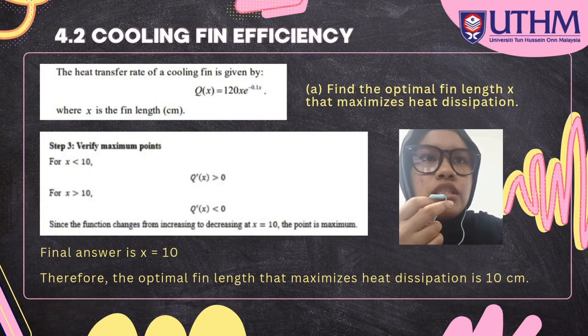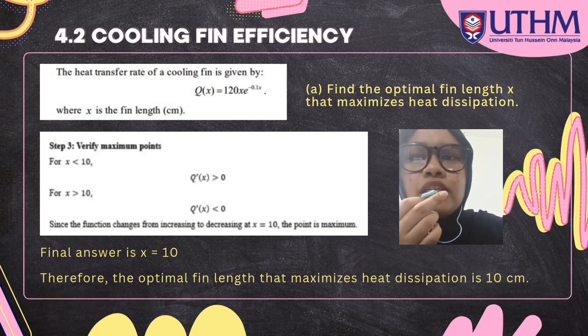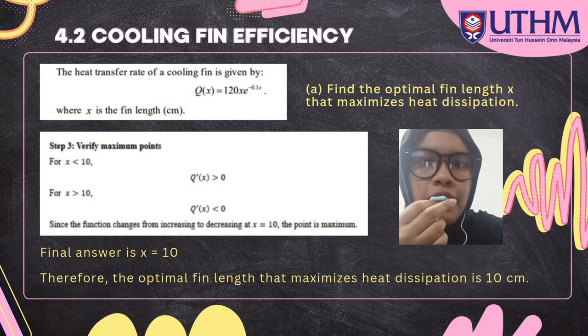Since the function changes from increasing to decreasing at x equals 10, the point is a maximum, so the final answer is x equals 10. Therefore, the optimal fin length that maximizes heat dissipation is 10 cm.